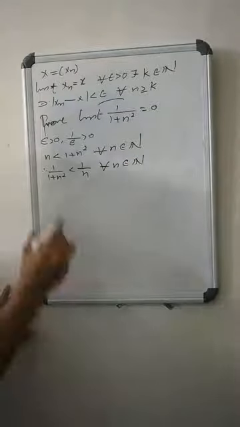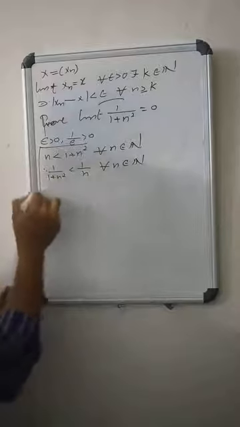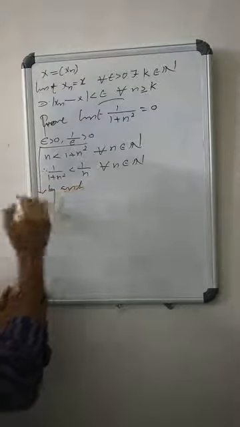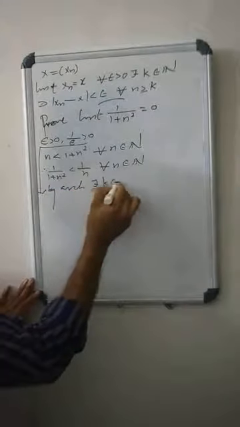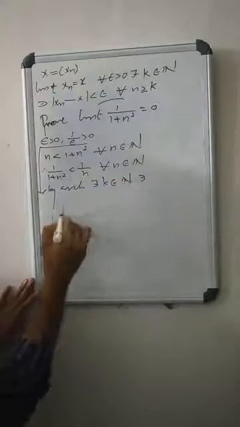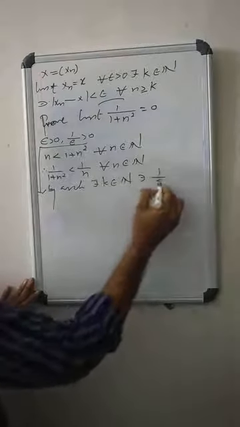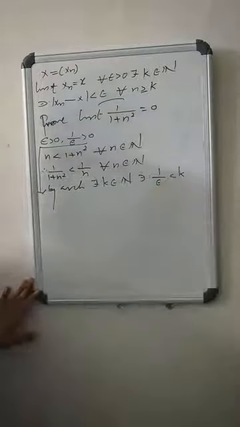Now let epsilon be positive, so 1 by epsilon is positive. Then by the Archimedean property, there exists k in the natural numbers such that 1 by epsilon is strictly less than k.